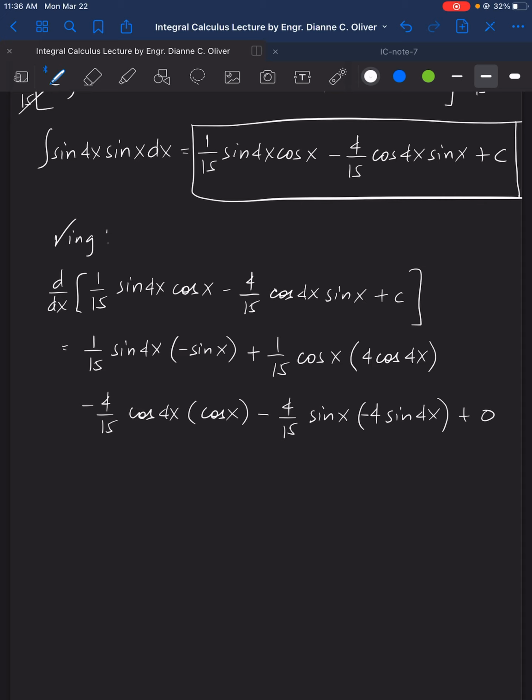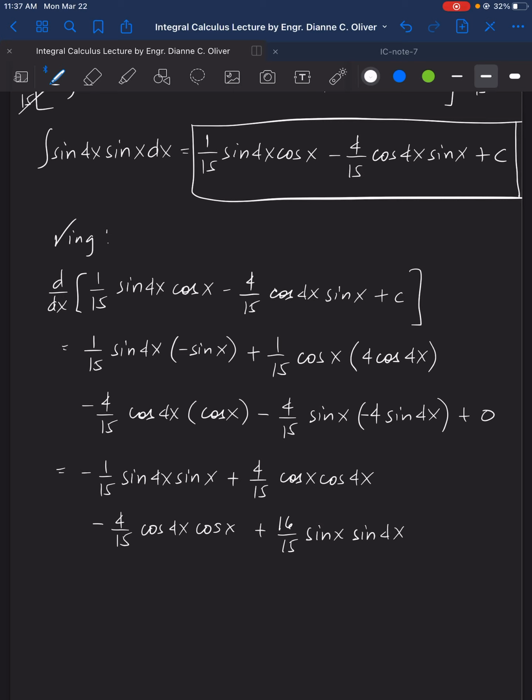So we have here equal to negative 1/15 sine 4x sine x plus 4/15 cosine x cosine 4x, negative 4/15 cosine 4x cosine x, positive 16/15 sine x sine 4x.